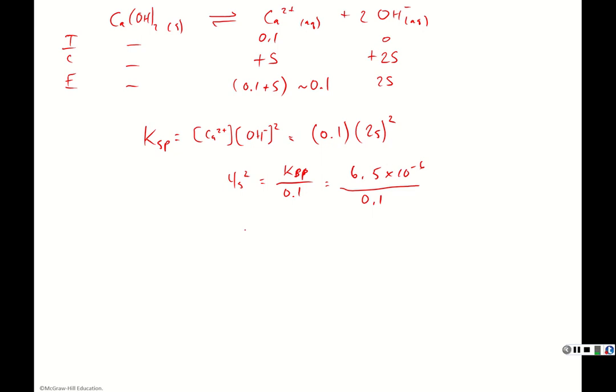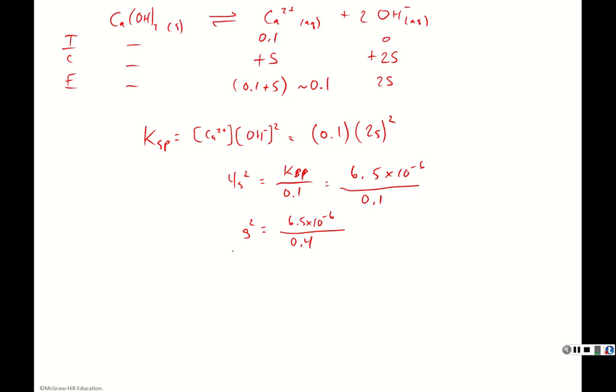Multiply both sides by 4 on the left, and divide both sides by 0.4, so we have S squared equals 6.5 times 10 to the minus 6 divided by 0.4.